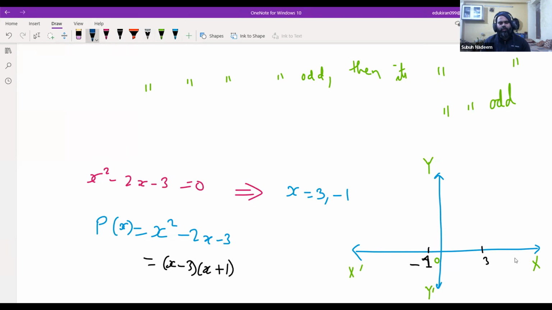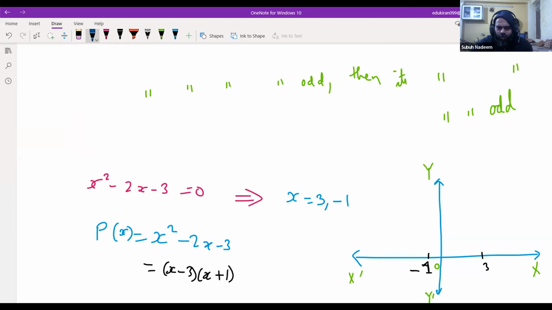Below, right? Why will it be below? For many days we have been doing this. The coefficient of x square in the factored form is positive, right? If the coefficient is positive, it is above the x-axis.